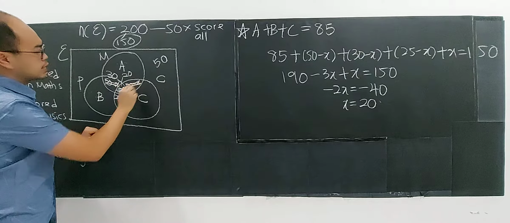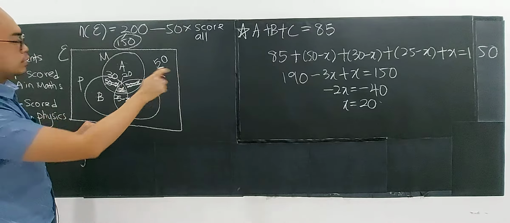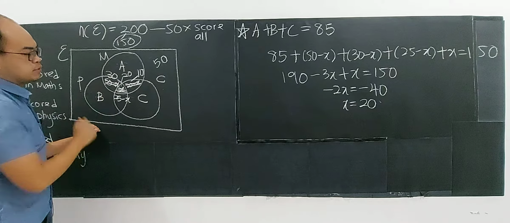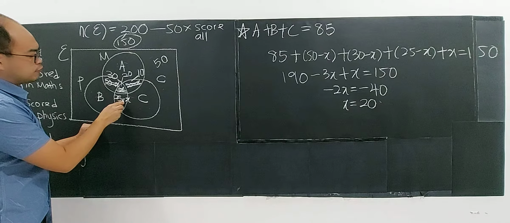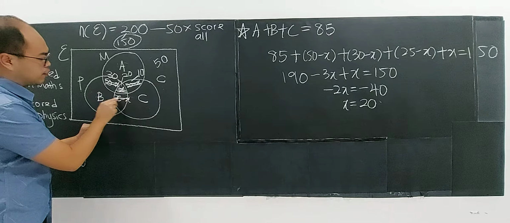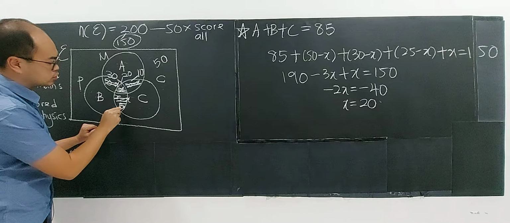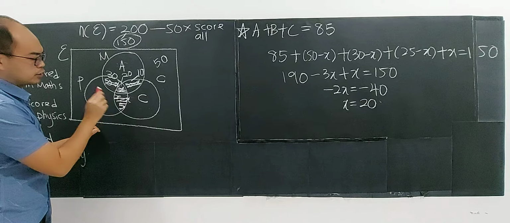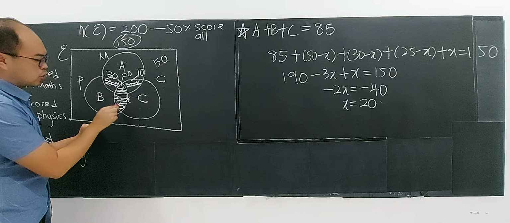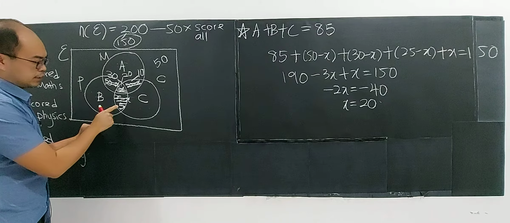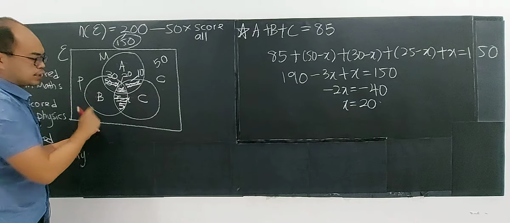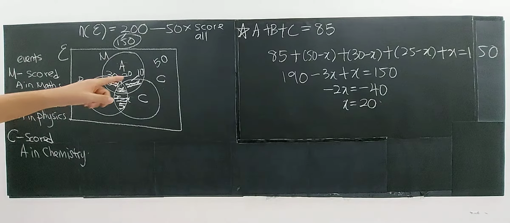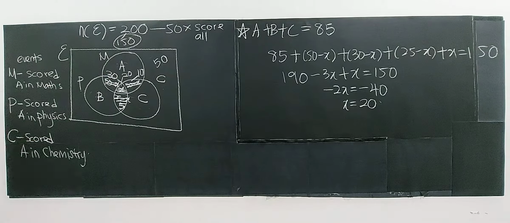And 30 minus x, 30 minus 20, you have 10. 10 students score in maths and chemistry, A. And for 25 minus x, you have 5. Only 5 students score 2 subjects, physics and chemistry, grade A. So later on, I construct the diagram again and let you see.